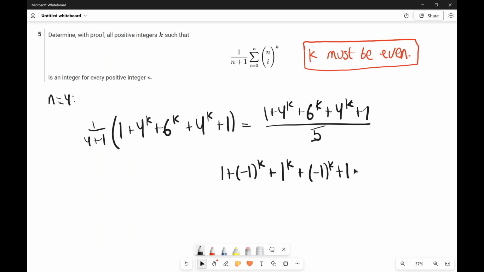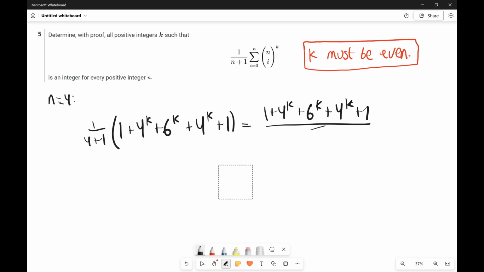And we want this to be equivalent to 0 mod 5. And when we simplify this further, we get 2 times (negative 1) to the k is equivalent to 2 mod 5. So (negative 1) to the k is equivalent to 1 mod 5. And this happens precisely when k is even. So n equals 4 doesn't give us anything new again.